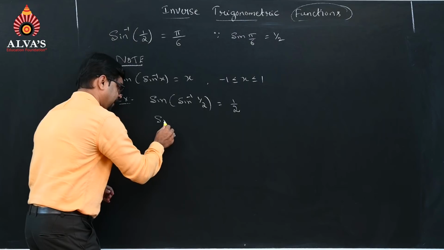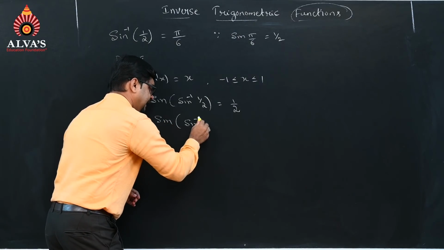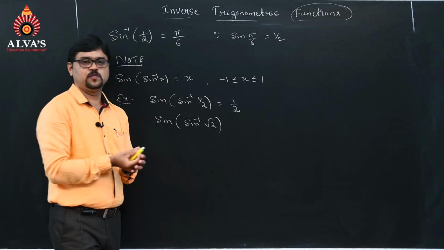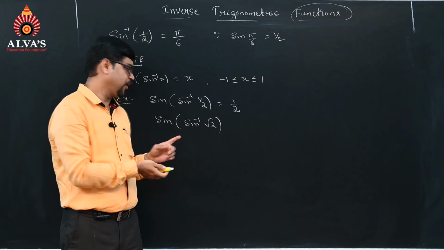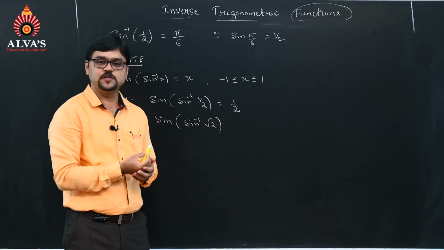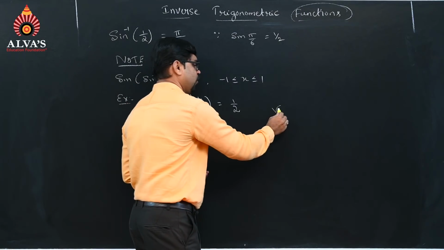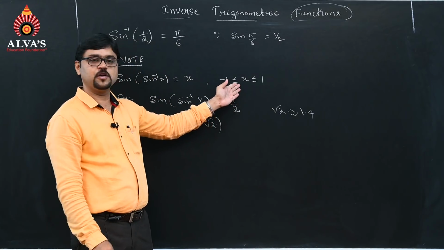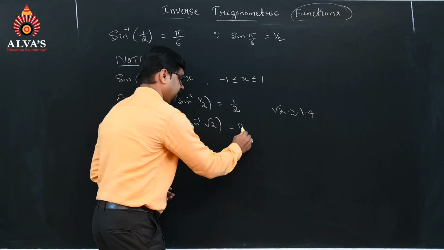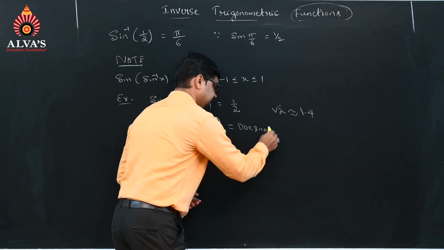I will take one more example, sine of sine inverse of root 2. Here students will make the mistake, directly they will write root 2, but root 2 is not possible, because root 2 is approximately equal to 1.4, that is out of the range. Hence its answer does not exist.